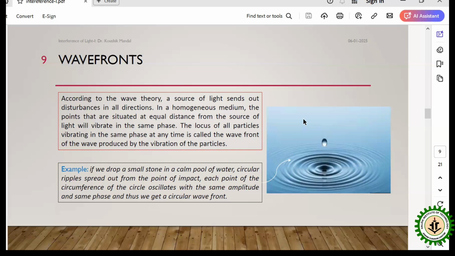On the surface, after dipping this stone, you will find some ripples of water wave around the point of contact. And you find that the circular ripples spread out from the point of impact and each point on the circumference of the circle oscillates with the same amplitude and the same phase, thus we can get a circular wavefront.